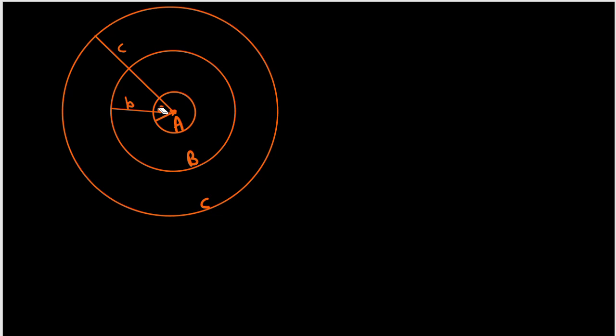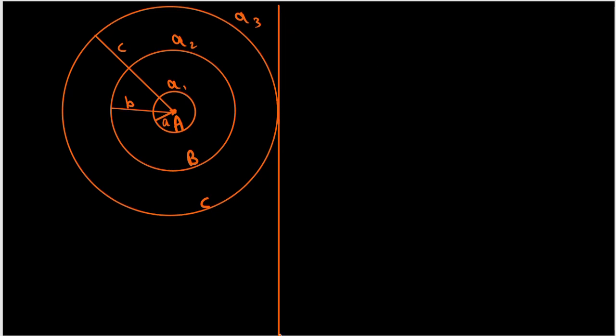If possible, let me clear this. So the radii of all three concentric shells are a, b, and c, and they have been given a charge Q1 on this, Q2 on this, and Q3 on this. Now they are asking what will be the potential at surfaces A, B, and C. So let's first of all calculate the potential at A.